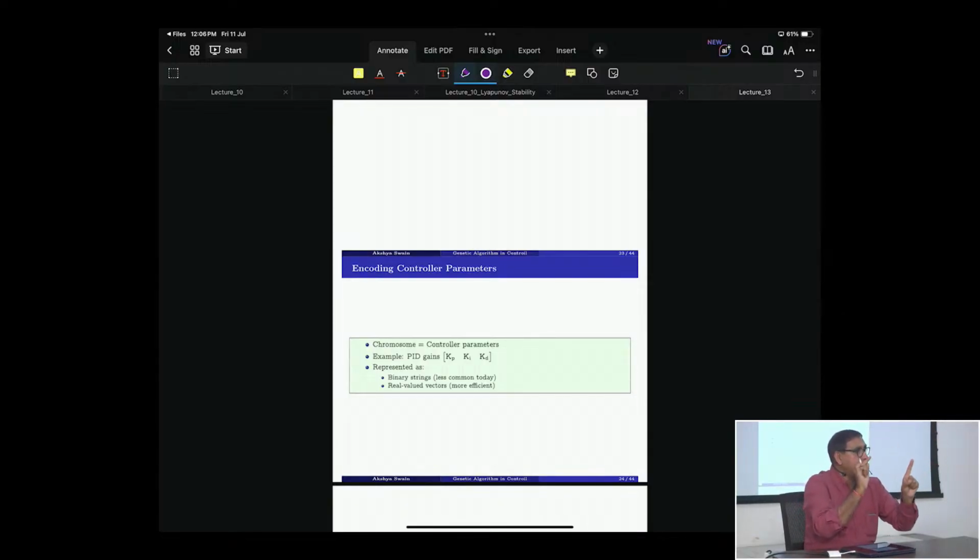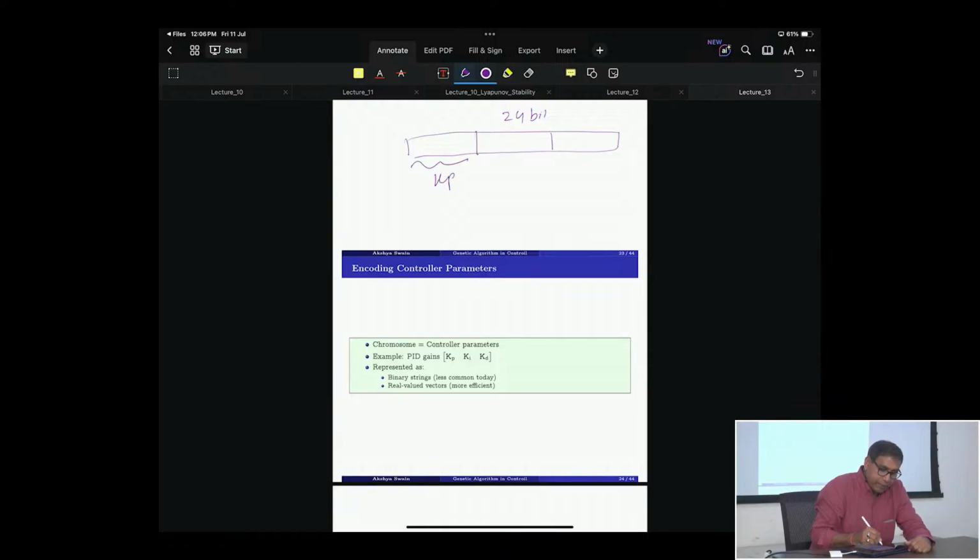Suppose each variable is 8-bit; you can decide any number of bits. There are 3 variables, so what is the chromosome length? 24-bit, clear? You know that these bits are Kp, these Ki, and these Kd. That is up to you.